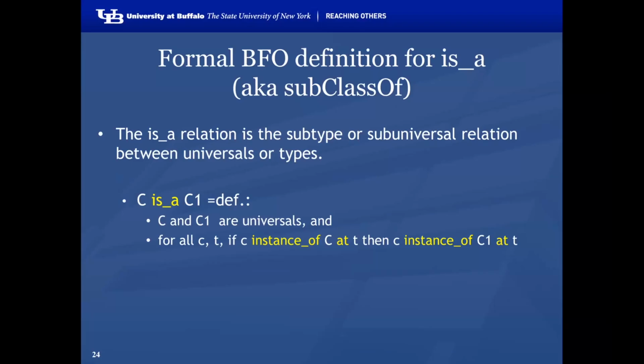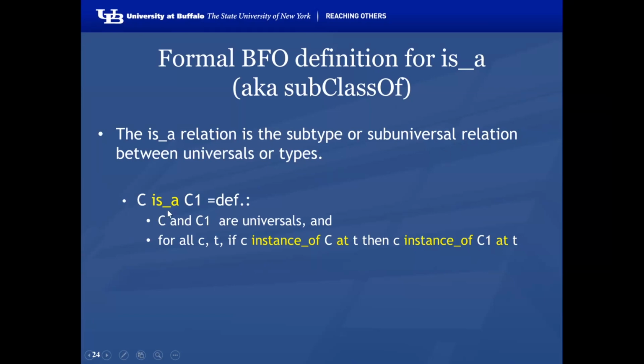So that brings us to the formal definition in the BFO of ISA, also known as subclass of. Subclass of is what is usually used in OWL and description logic. So the is-a relation is the subtype or subuniversal relation between universals or types.